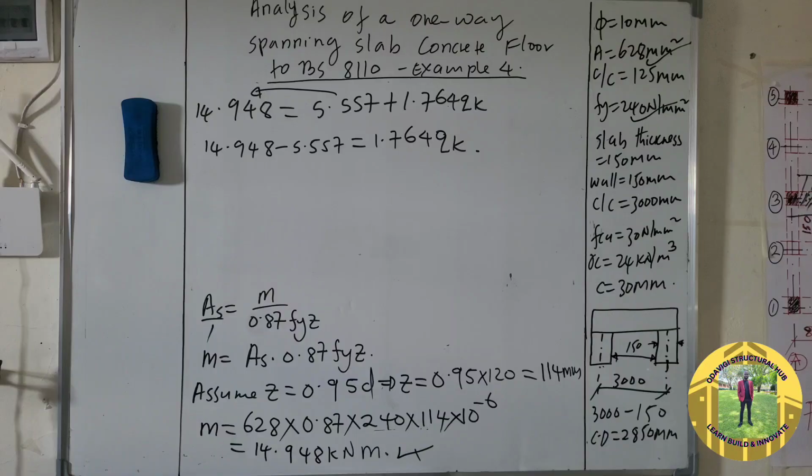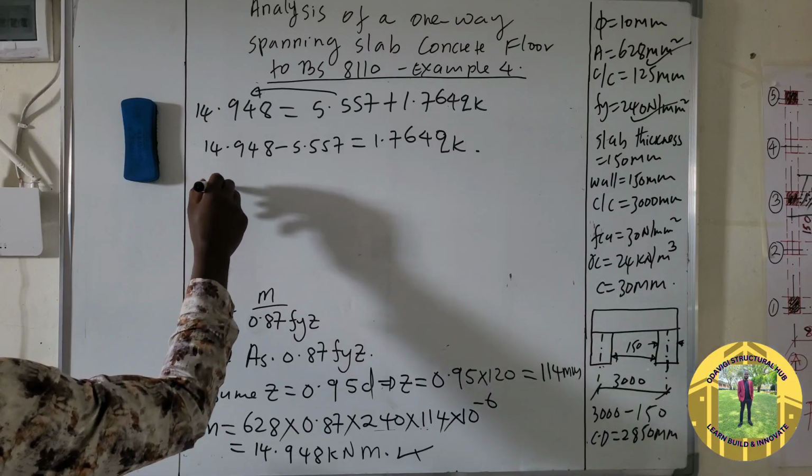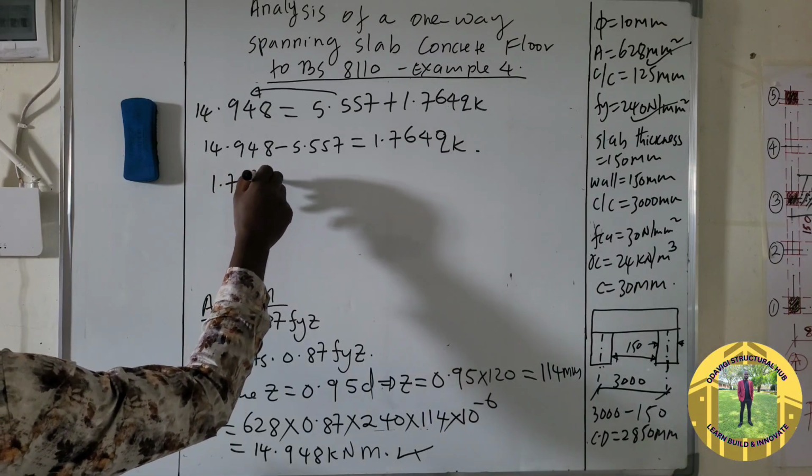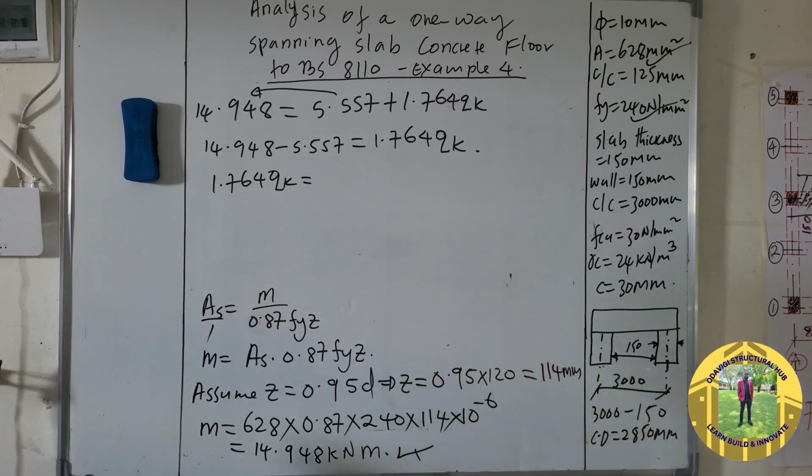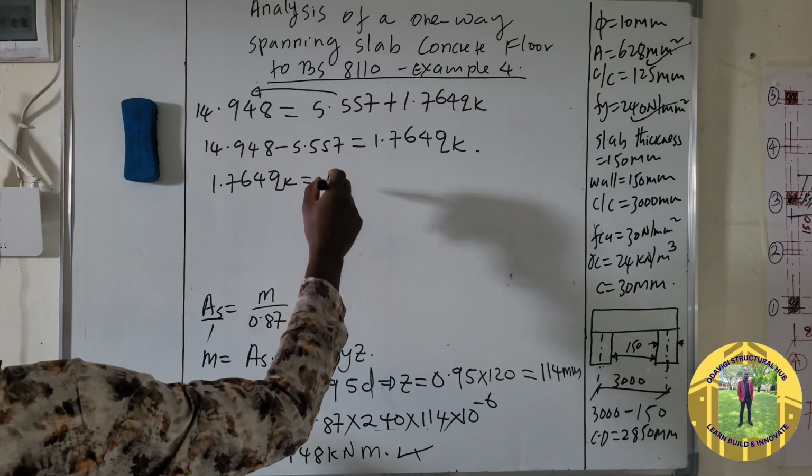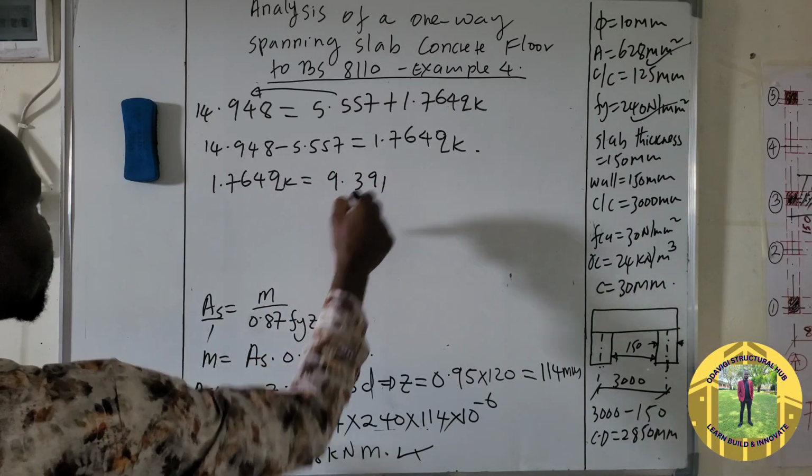So 14.948 minus 5.557 is equal to 1.764 QK, which is 9.391.